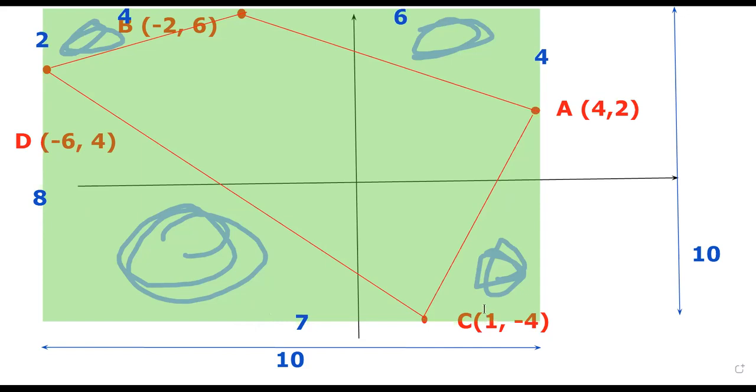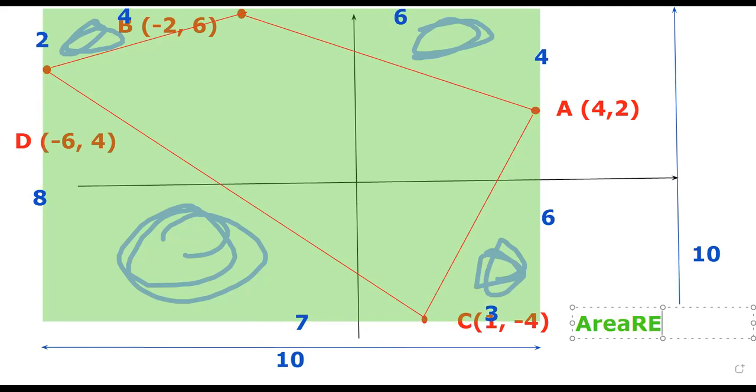And finally, this part has length 3. This part goes from -4 to 2, so it will have a length of 6.